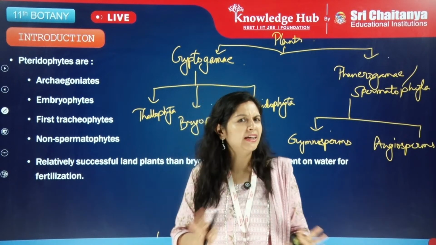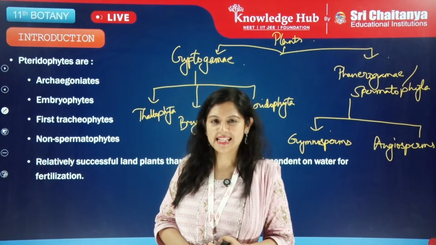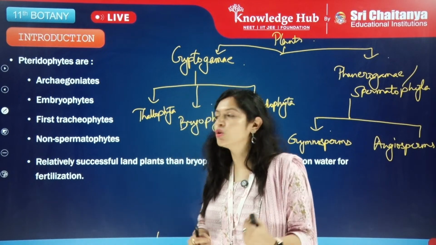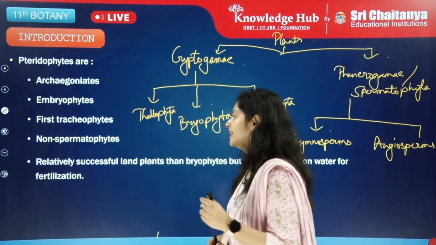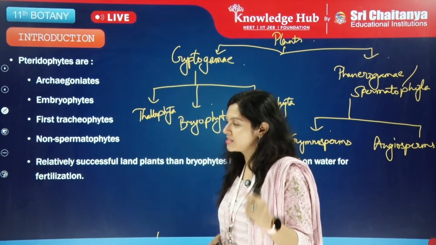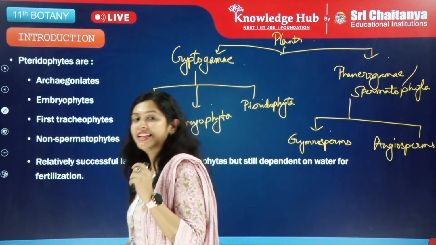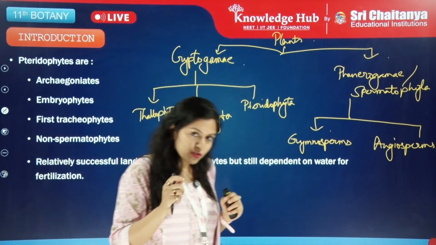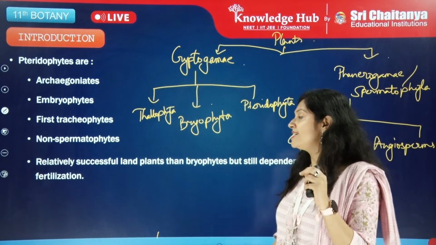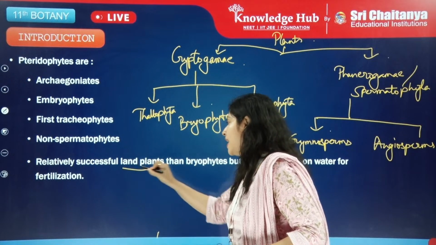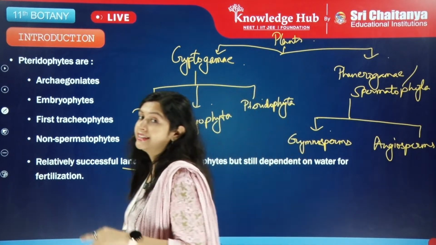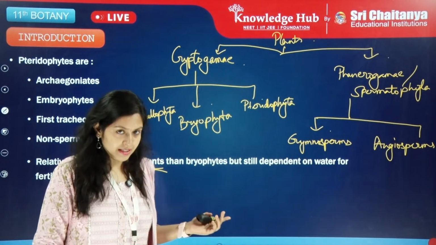Is it very clear, my dear students? Yes, I think it is. Let's go to the next point. Here they are saying that this group is relatively successful. These are relatively more successful land plants than the bryophytes.